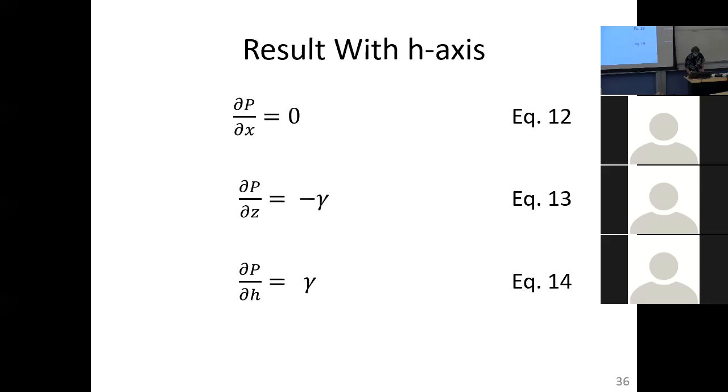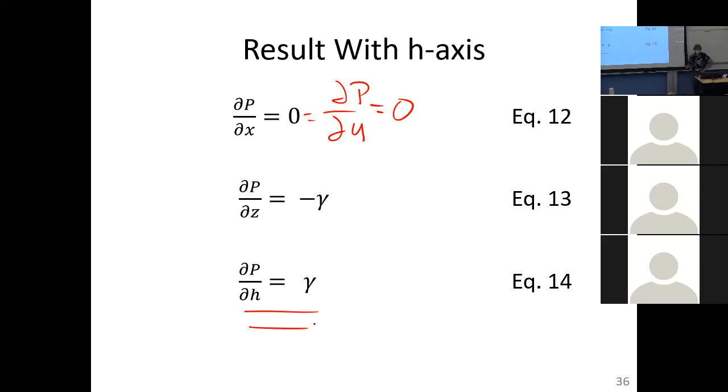And if you had done that, what you would have found is the exact same equations in the horizontal: dp/dx is equal to dp/dy is equal to 0, because again, gravity is only aligned with the z, and now the h axis. What you would find is that instead of dp/dz equal to minus gamma, dp/dh is equal to gamma.